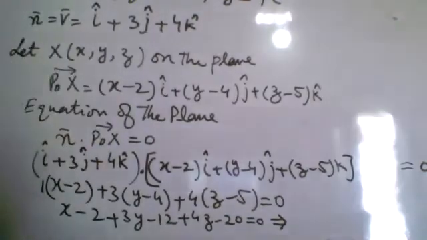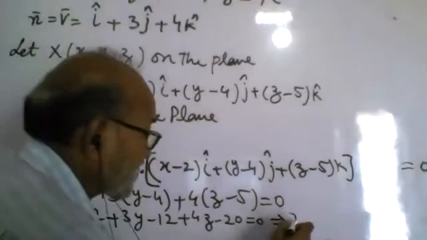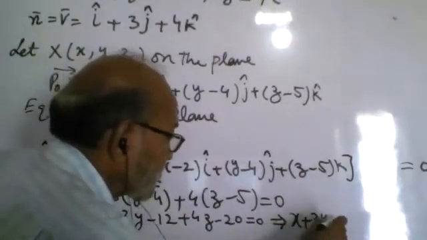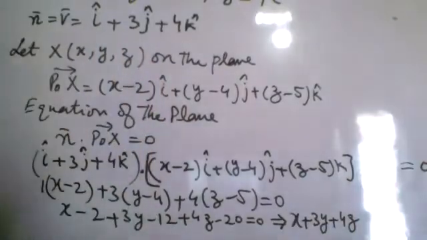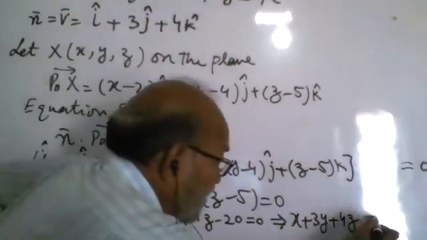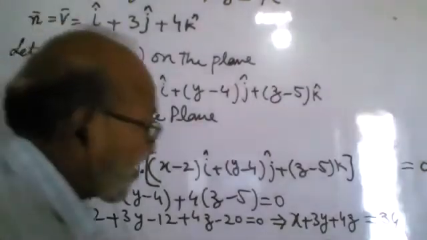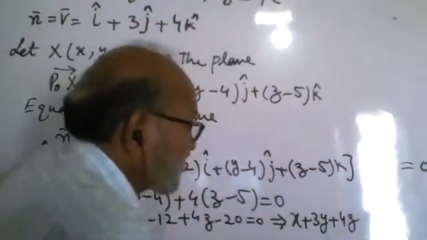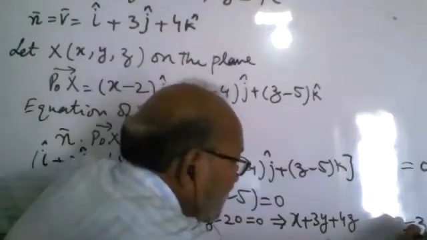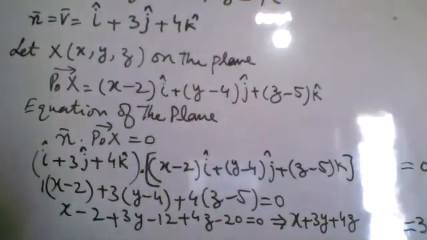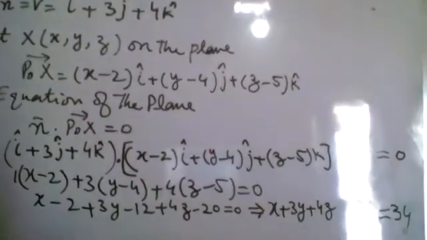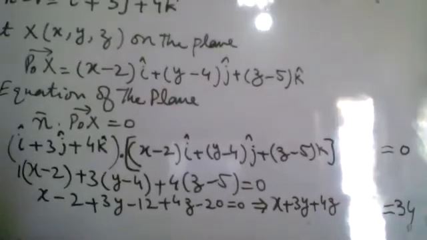That will become x plus 3y plus 4z minus 2 minus 12 minus 20, which is minus 34, or equal to 34. x plus 3y plus 4z equal to 34.